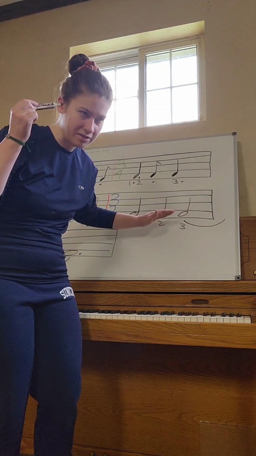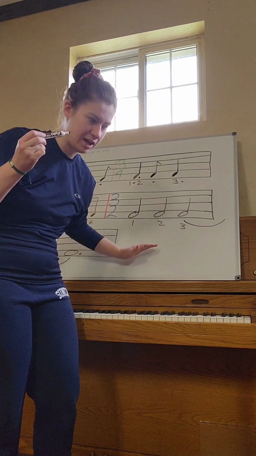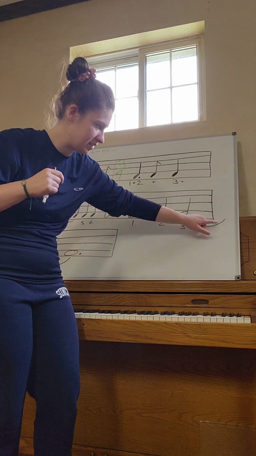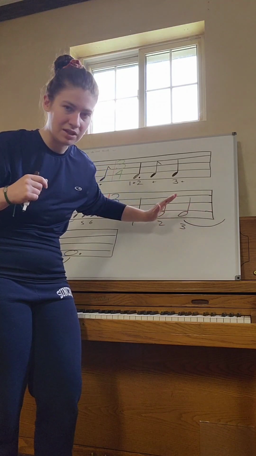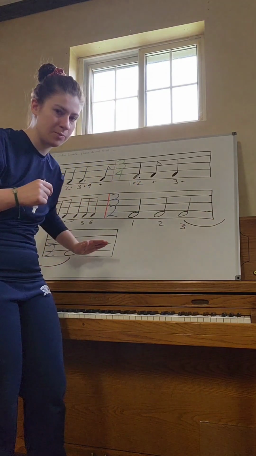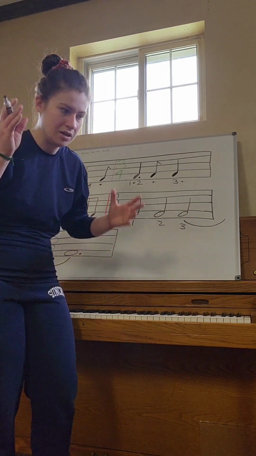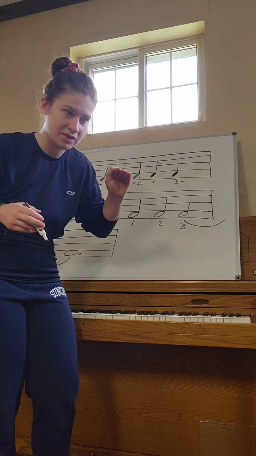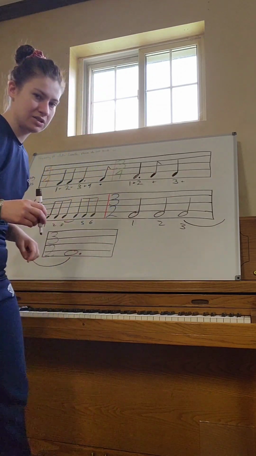I'm going to the next staff, and I can tell from this tie that I'm going to be staying on the same pitch as I go below. I don't have to adjust my brain. I just have to keep staying on pitch for the rest of the duration.